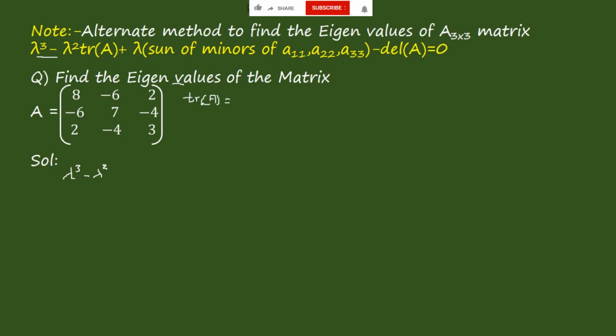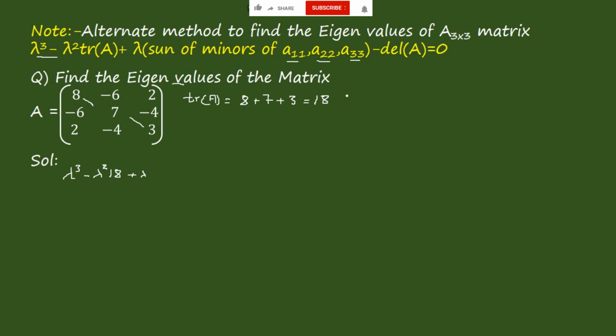It is the sum of the principal diagonal elements, so it becomes 8 plus 7 plus 3, which is equal to 18. Then plus lambda times the sum of the minors of A11, A22 and A33.